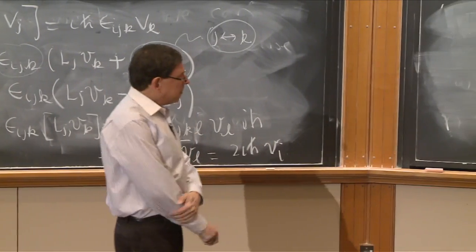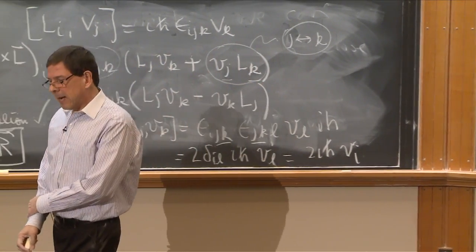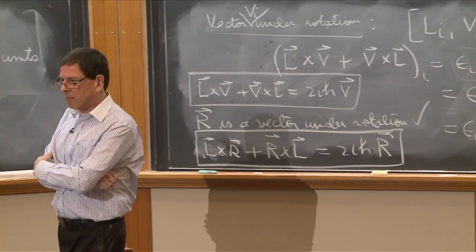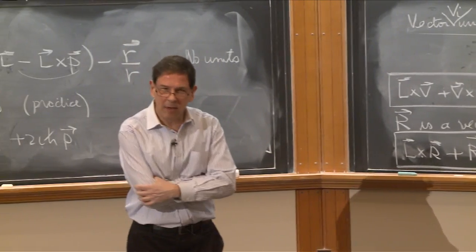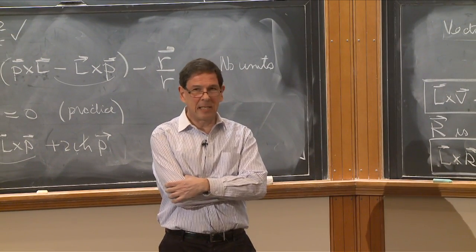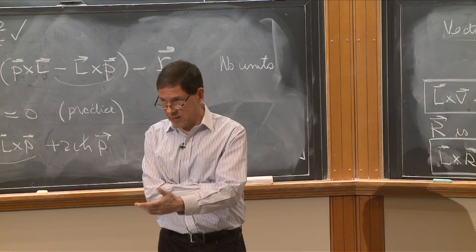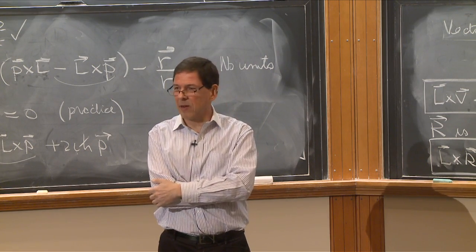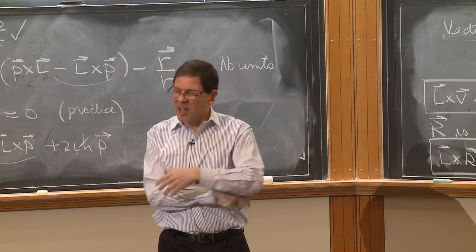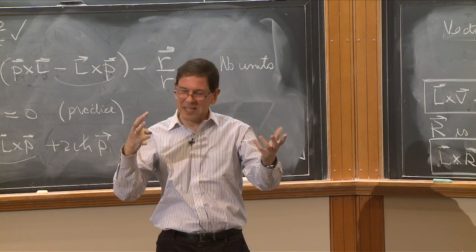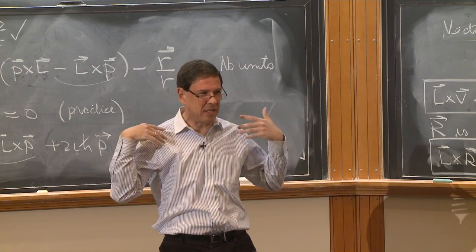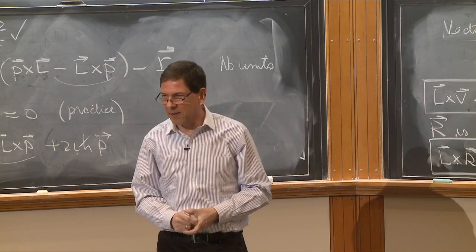So the way we proceed is kind of interesting. We're going to try to build from this L, that is an angular momentum, and this R, that is not an angular momentum, two sets of angular momenta. You have two vectors. So somehow we're going to try to combine them in such a way that we can invent two angular momenta.